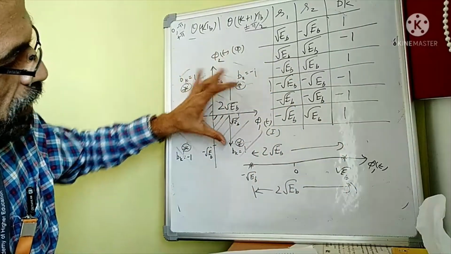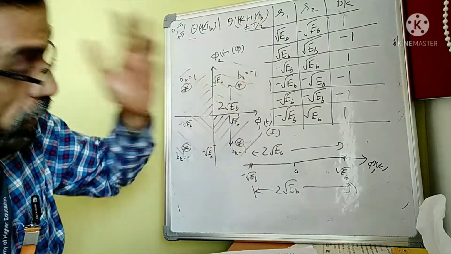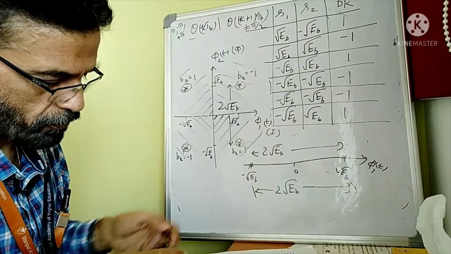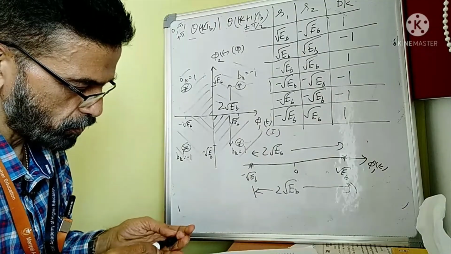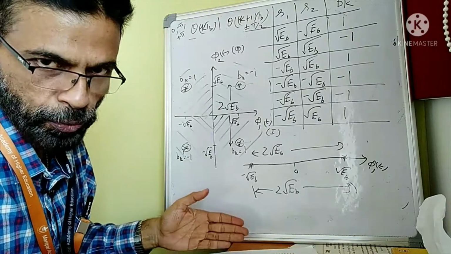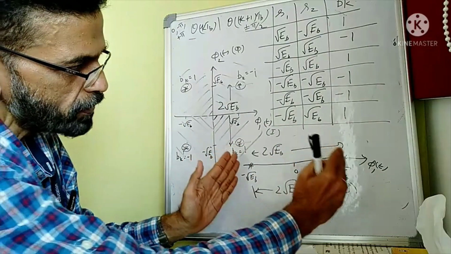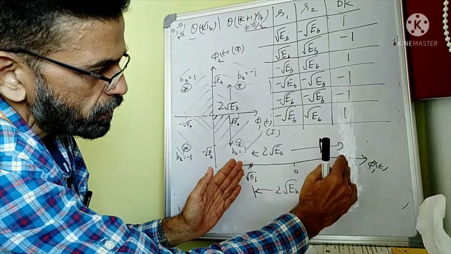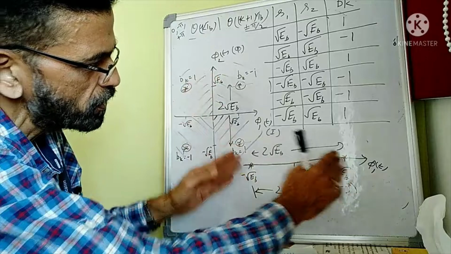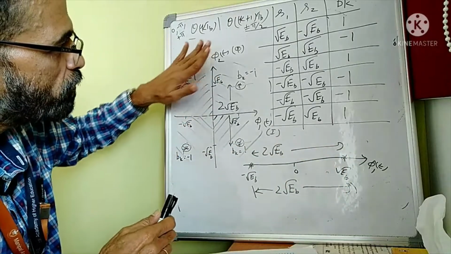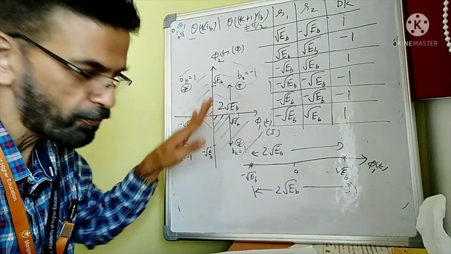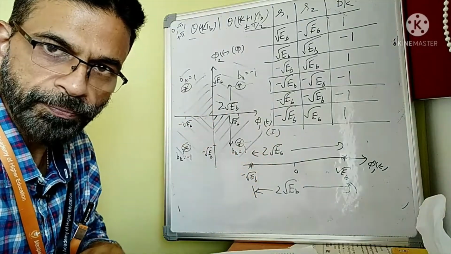You can see the similarity between the two signal space diagrams and conclude very easily that in the presence of additive white Gaussian noise of two-sided power spectral density n0 by 2, due to the fact that an error is represented by similar events in the two signal space diagrams, the performance of minimum shift keying will be identical to the performance of binary phase shift keying.